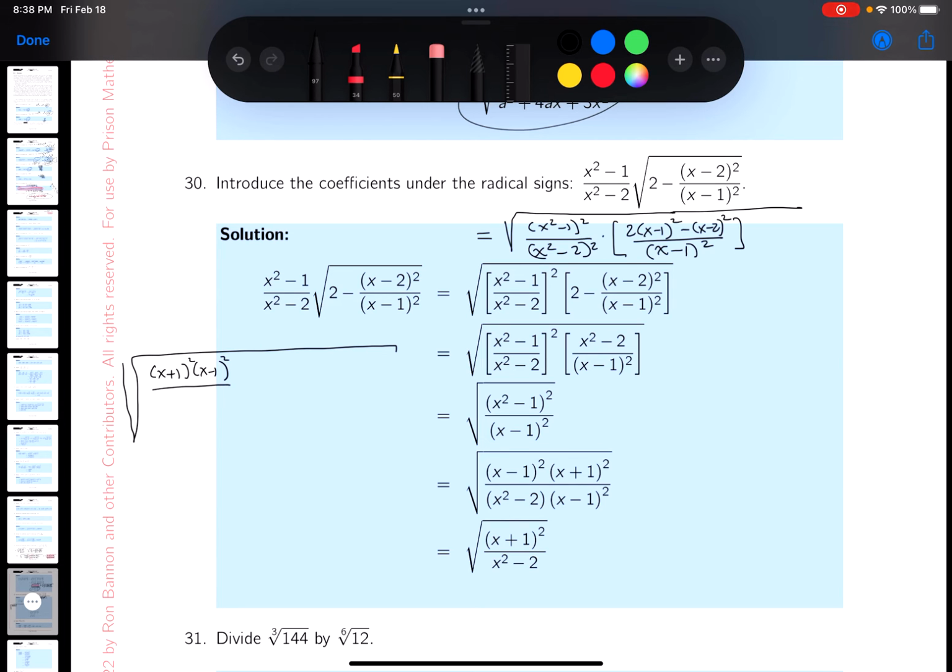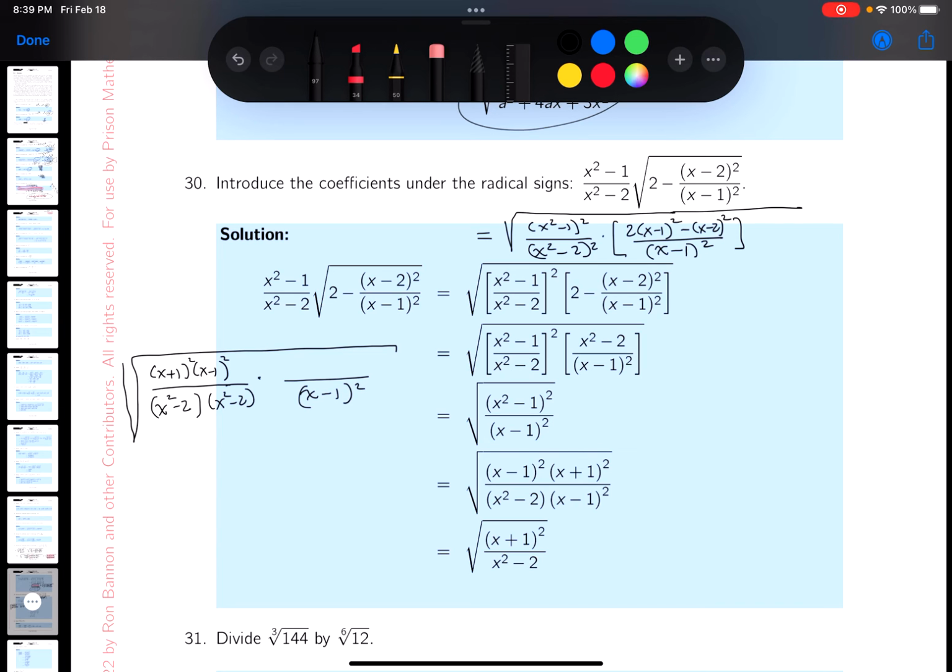On the bottom, well, I'm just going to write down as x squared minus 2, but I'll put it down twice. Now, what do you get over here? You get x minus 1 squared.